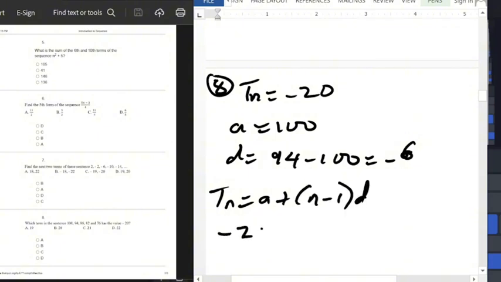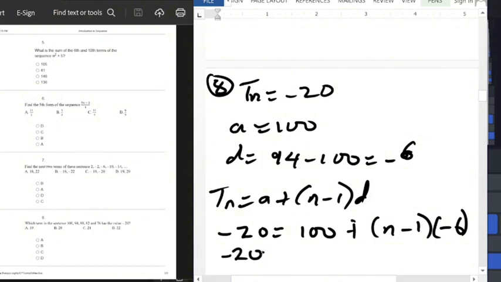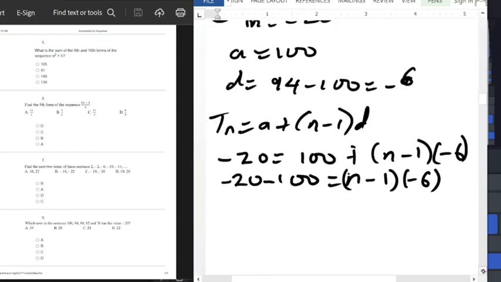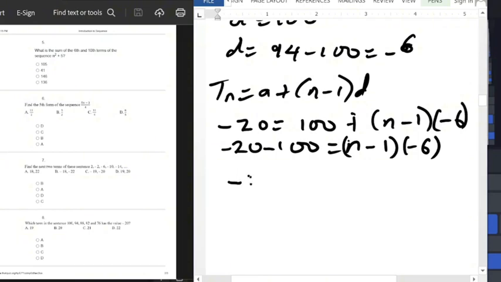So minus 20 equals 100 plus (n minus 1) times minus 6. So minus 20 minus 100 equals (n minus 1) times minus 6. Then we simplify: minus 120 equals minus 6n plus 6.